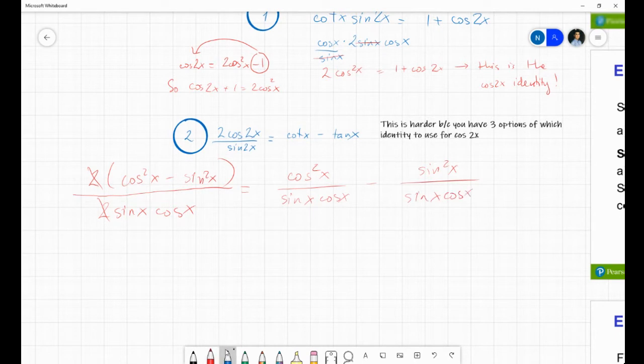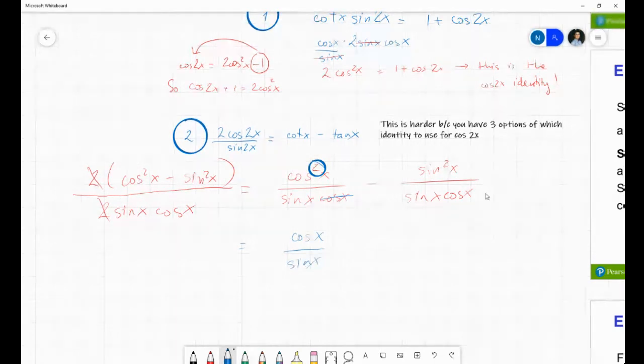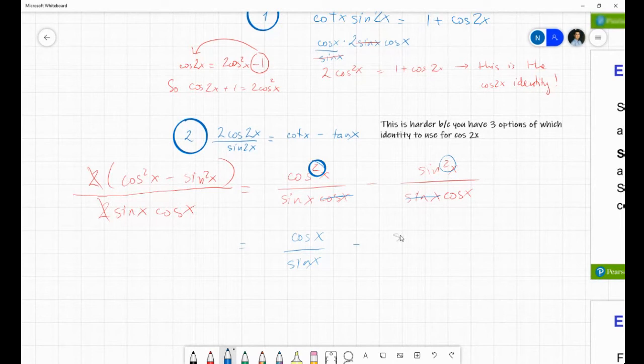So now we can simplify. Since this is cosine squared, we can cancel one of them with the cosine here. So we are left with cosine x over sine x. Over here we have sine squared, we can cancel with one of them. Then we'll have sine x over cosine x. So this is cotangent, and this is tangent, and we're done.